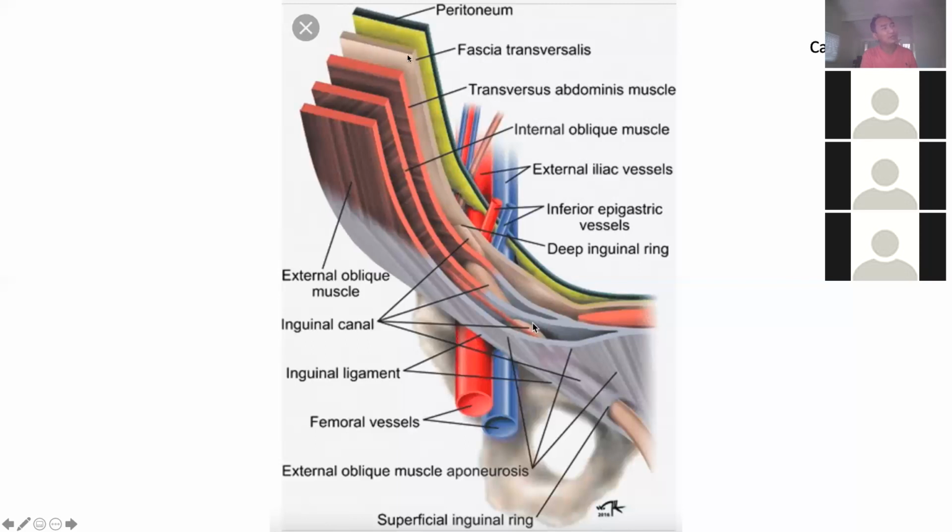This is the light gray, pale color. It is coming here and becoming the posterior covering of the rectus. All three layers above the arcuate line envelope the rectus, going from both front and back. But below the arcuate line, all these muscles go in front of the rectus.